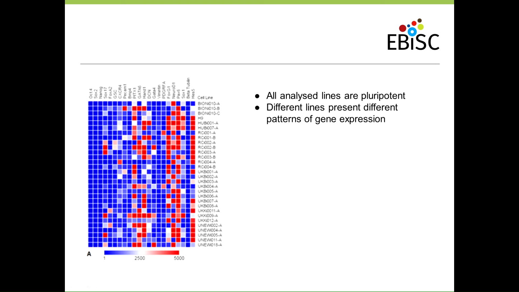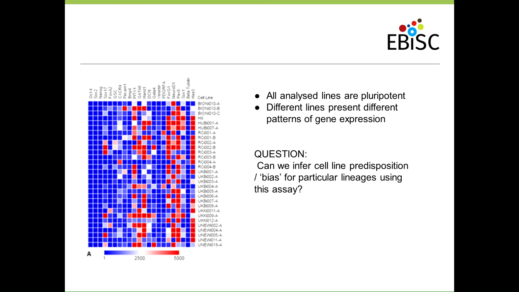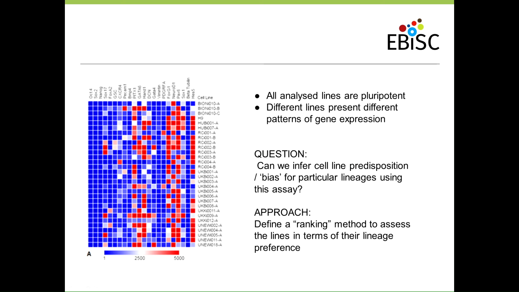So like I said, when we looked at all these lines, they were all pluripotent, but what we did notice was that you were getting obviously different patterns of gene expression. So the question that we asked was, can we infer any cell line bias for particular lineages when using this assay? So the approach we took was to define this ranking method to assess the lines in terms of their lineage preference.